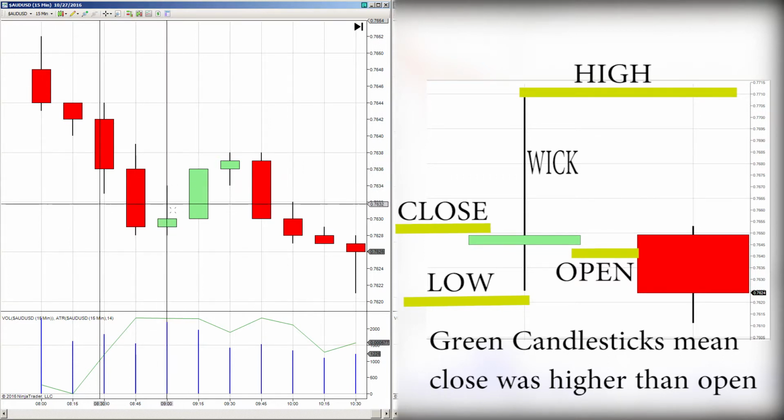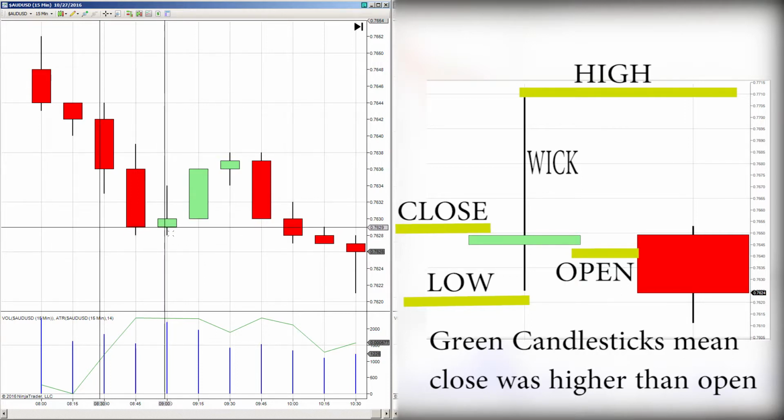The wick is this narrow line, which is why they call them candlesticks. Within this 15-minute period, the market made it up to here, and the lower wick shows the market made it down to here.